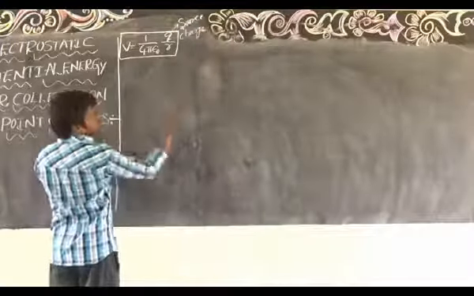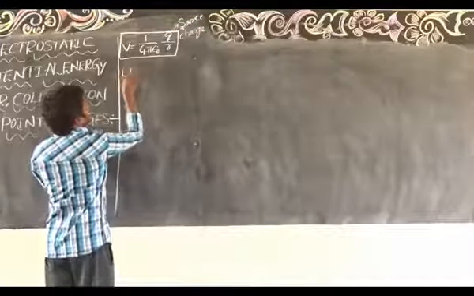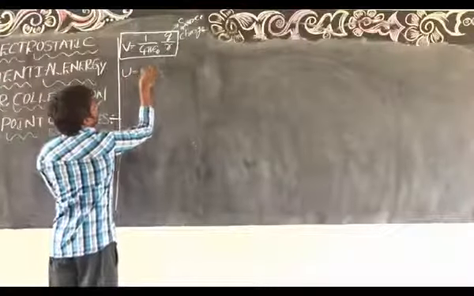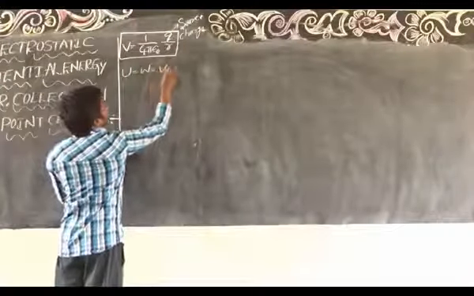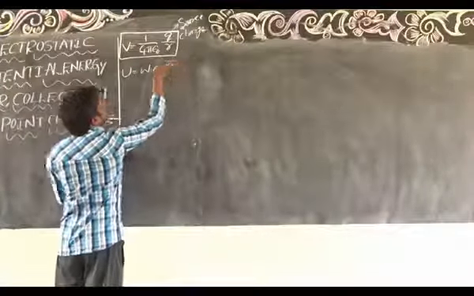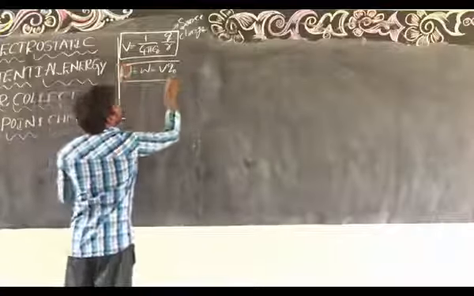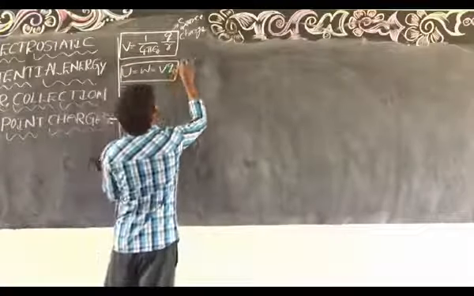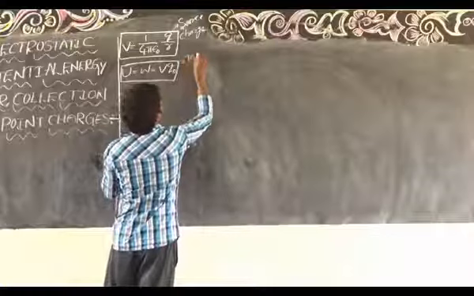Okay. Now, what is the one more final expression? Potential energy is equal to work done is equal to V Q naught. This is the test charge.